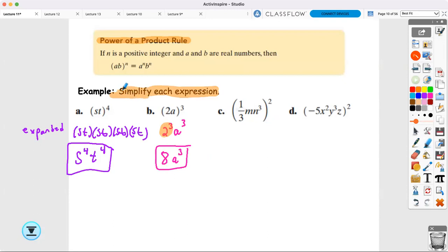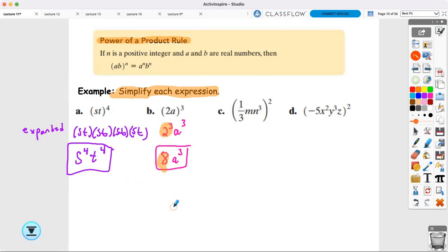If it told us to apply the power of a product rule for each expression, then we would stop in the first line. But since they want us to simplify the expression, 2 cubed can simplify to something else. 2 to the third power, or 2 cubed, is the same thing as 8. So that's why we go another step forward in this example. Everyone with me so far?